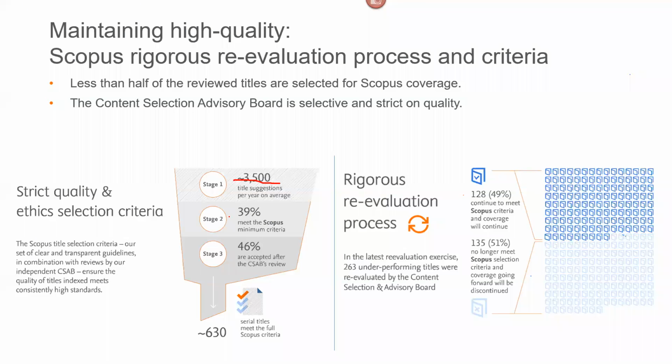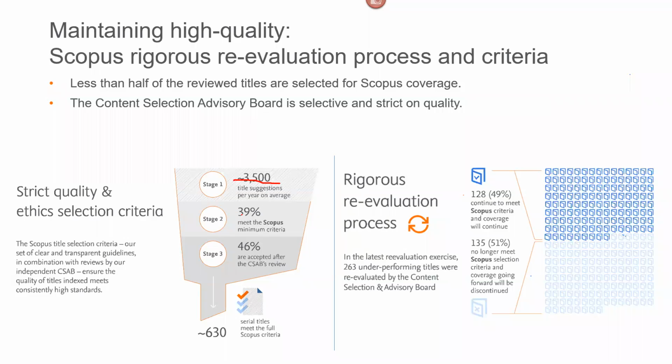And we have 2 levels of criteria. We will discuss them in a couple of slides. The first level has to be checked by the publisher or the institution, and then the second level is by our committee, the Content Selection and Advisory Board, which checks these titles.